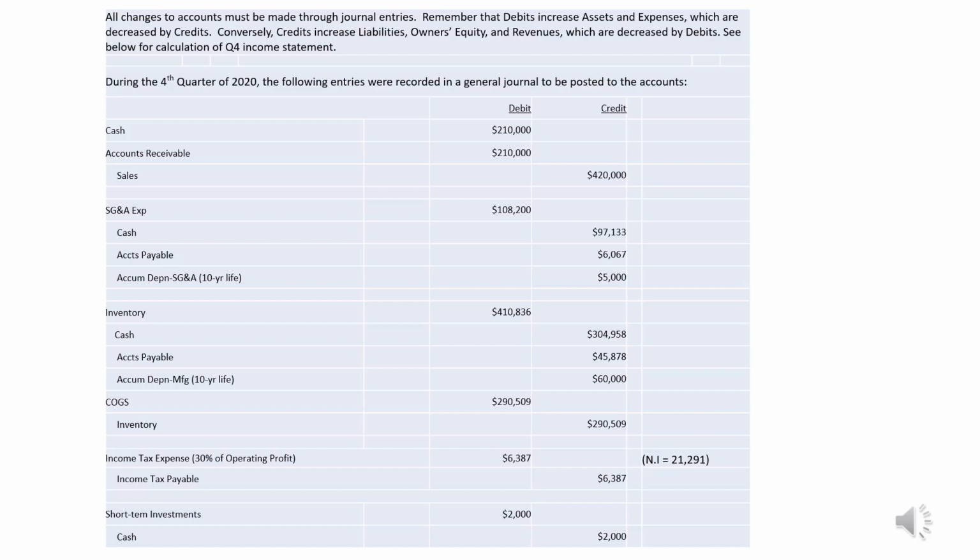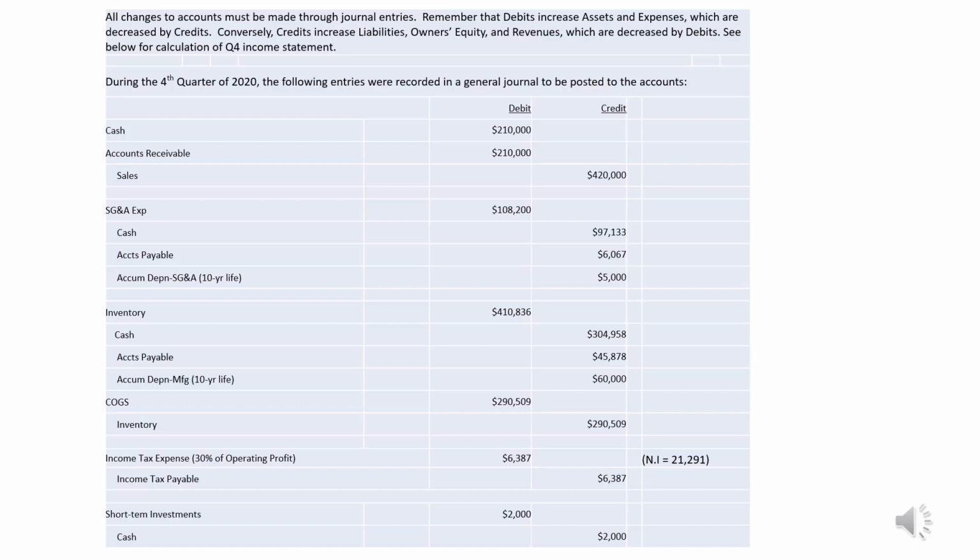For the selling, general, and administrative expenses, obviously expenses are listed on the debit side. And then we spend $97,000 in cash. The accounts payable was $6,000. And we wrote a journal entry depreciating our SG&A accounts, fixed assets, for $5,000.